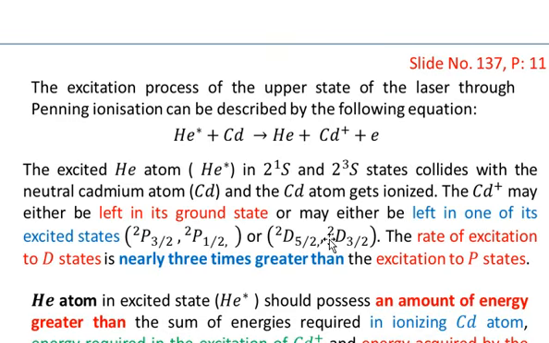So three possibilities are there for the cadmium atom when it collides with the excited helium atom. Either the cadmium atom gets ionized, and the cadmium ion may be left either in its ground state or in one of the excited states corresponding to the 4p levels having two energy terms, the 5p level having two energy terms, or the 5d level having two energy terms.